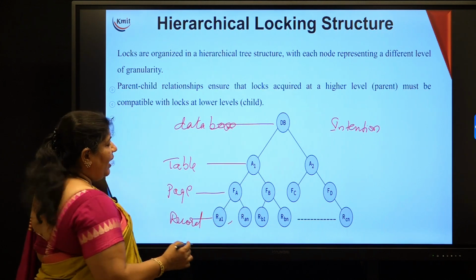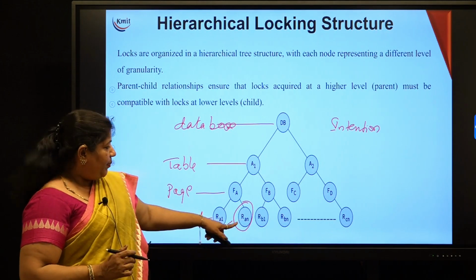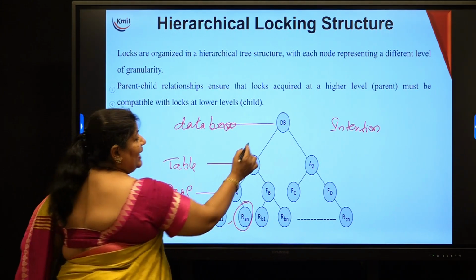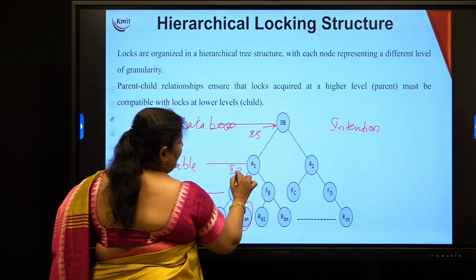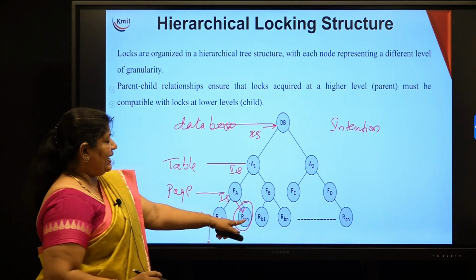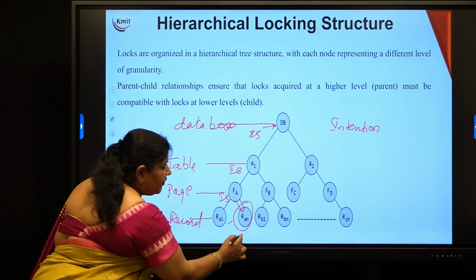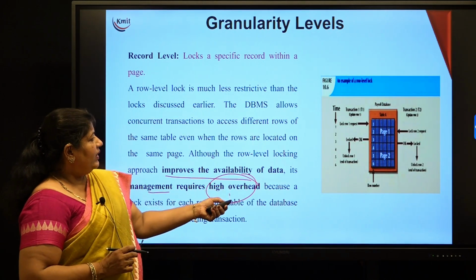For example, if I want to have a read lock or a shared lock applied on this, then I need to apply intention lock IS at these levels, so that when I come here, I can directly apply for the shared lock. Okay, we will try to see that here.